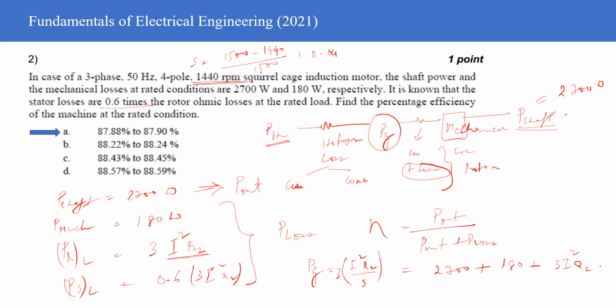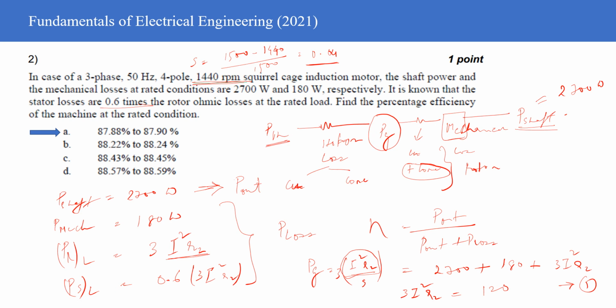Now if you see this equation, let me call it equation number 1, there is only one unknown in this equation, that is I square R2. The other thing, S, we already know to be 0.04. Now if you put the value of S and solve this, you will end up getting that 3 I square R2 is equal to, I have calculated it out, 120.